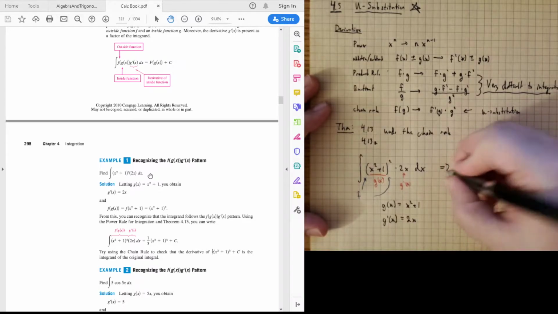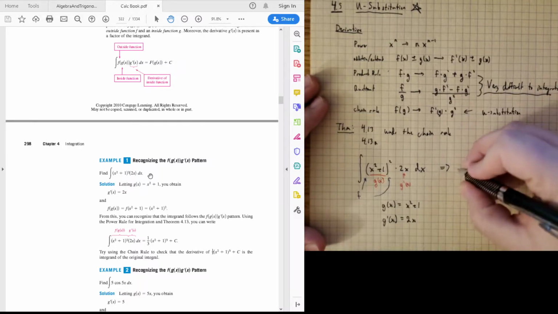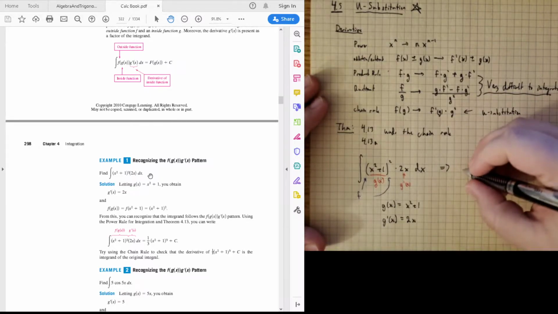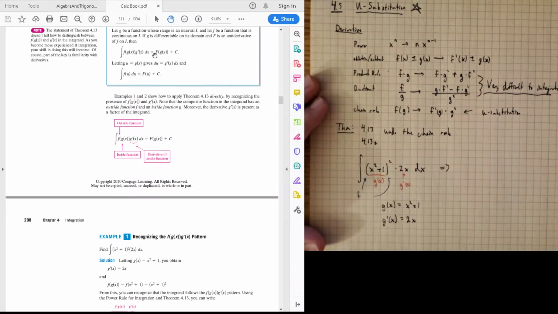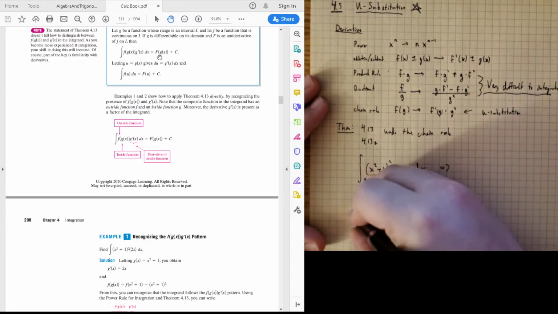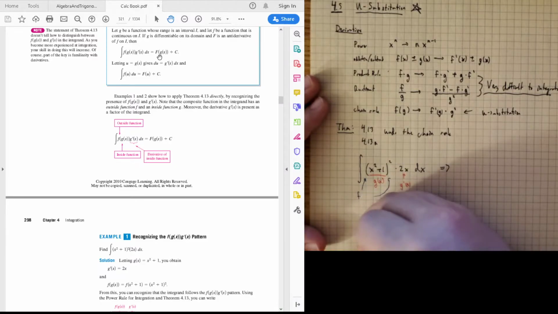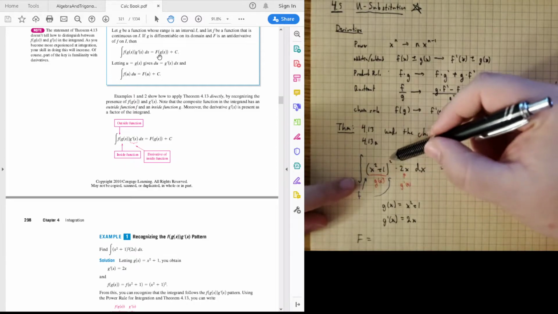If we use Theorem 413 as a guide, we will actually be able to perform a simple substitution and solve this problem. So, to use Theorem 413 requires us to know capital F, the bigger function, which means we need to find out, okay, we have g and g prime, we have f, we need to find capital F. Now, little f is just the square function.